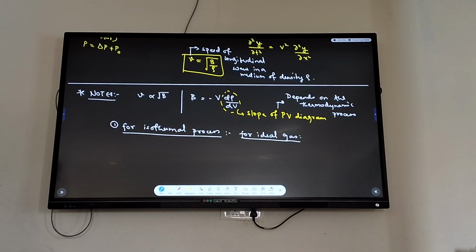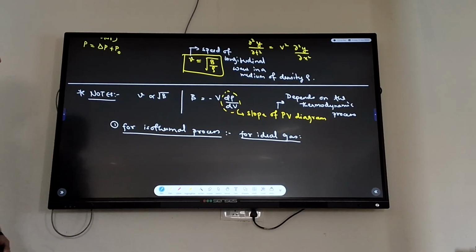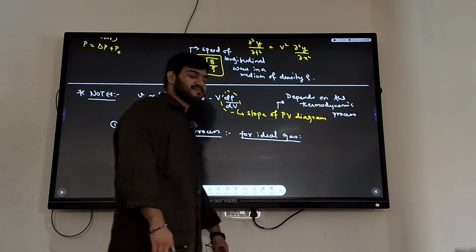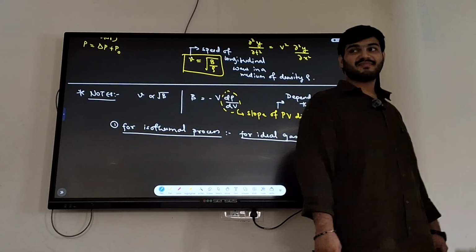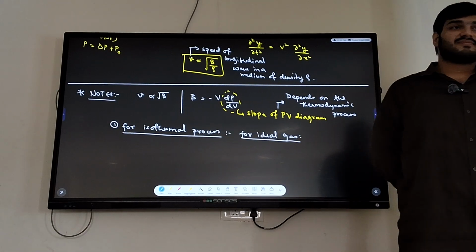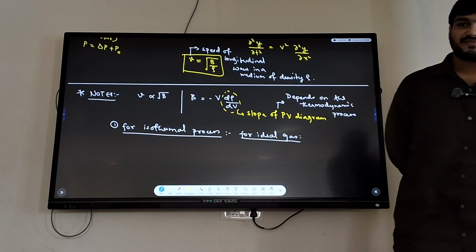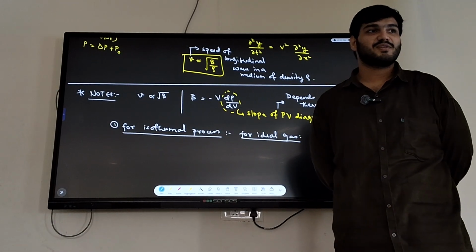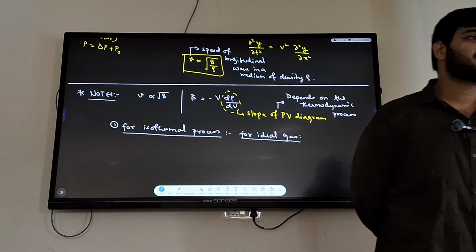What is dP by dV? The slope of the graph. What you are saying, son, is the area under the graph, it is not the slope. What is the slope of this process? Tell me.